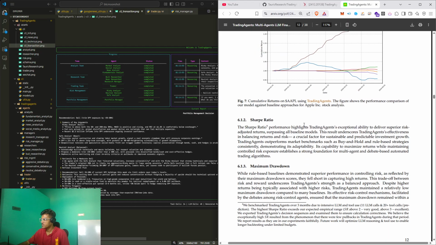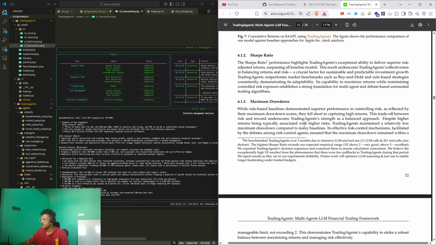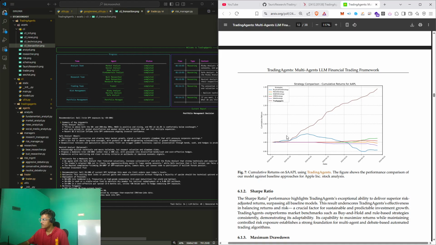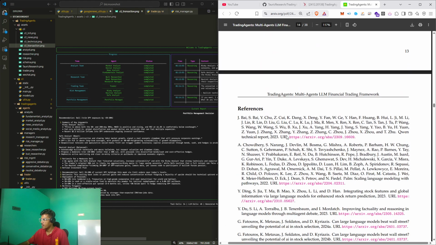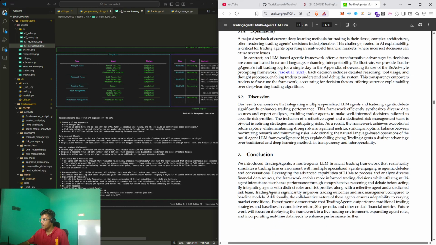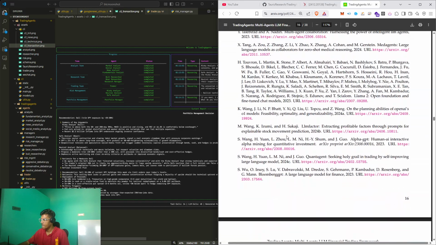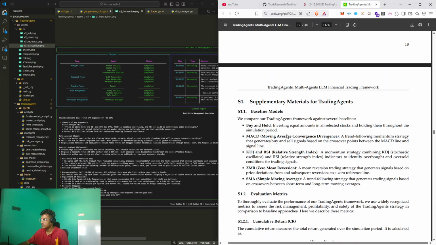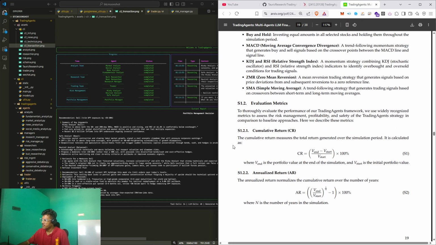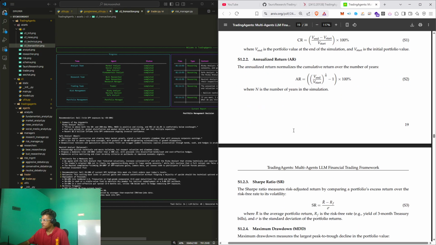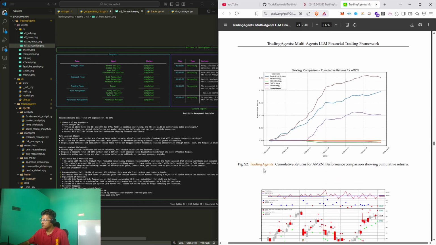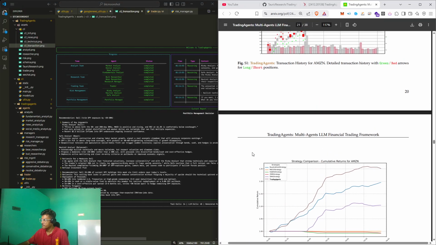Table one in figure six, 7, S1, S2, S3. Their appendix S1, supplementary materials for trading agents. Okay, S2 here.